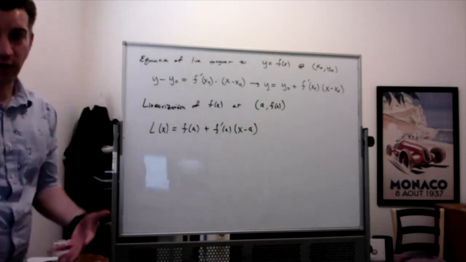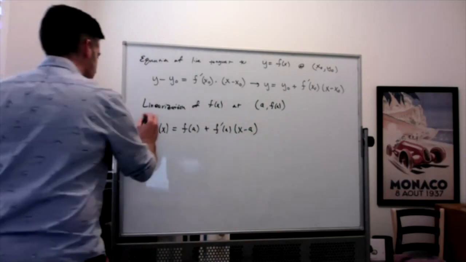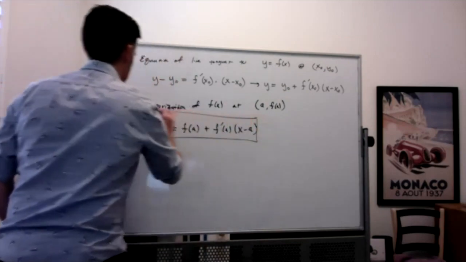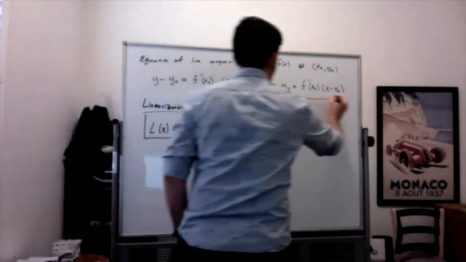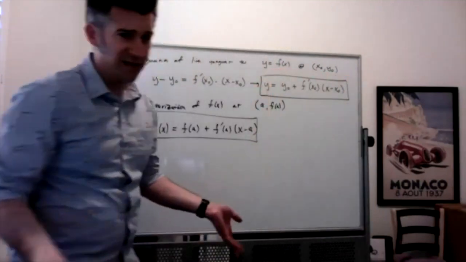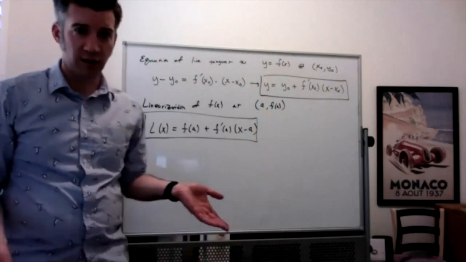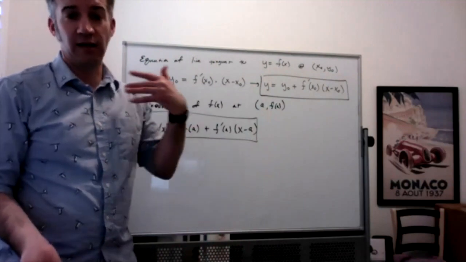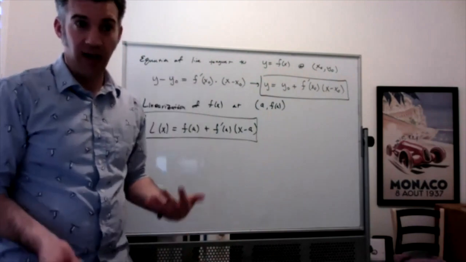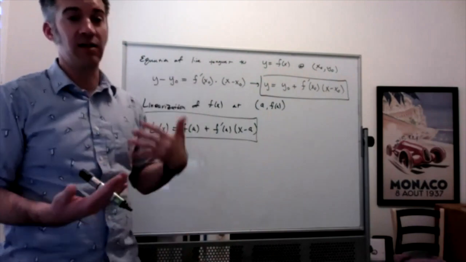And what I want to point out is that this equation and this equation are literally the same thing. Linearization of a function at a point is the same as finding the equation of the tangent line at that point. You're making it linear. You're finding the equation of the line.